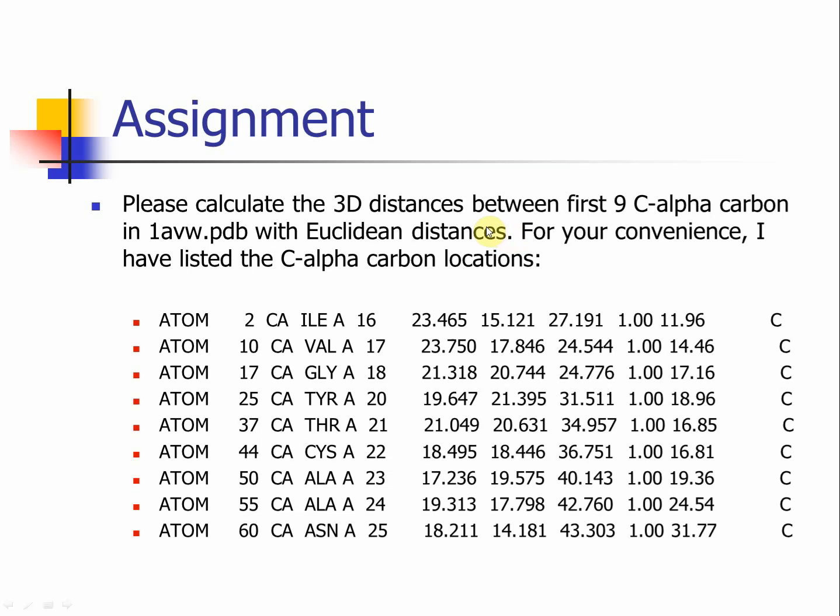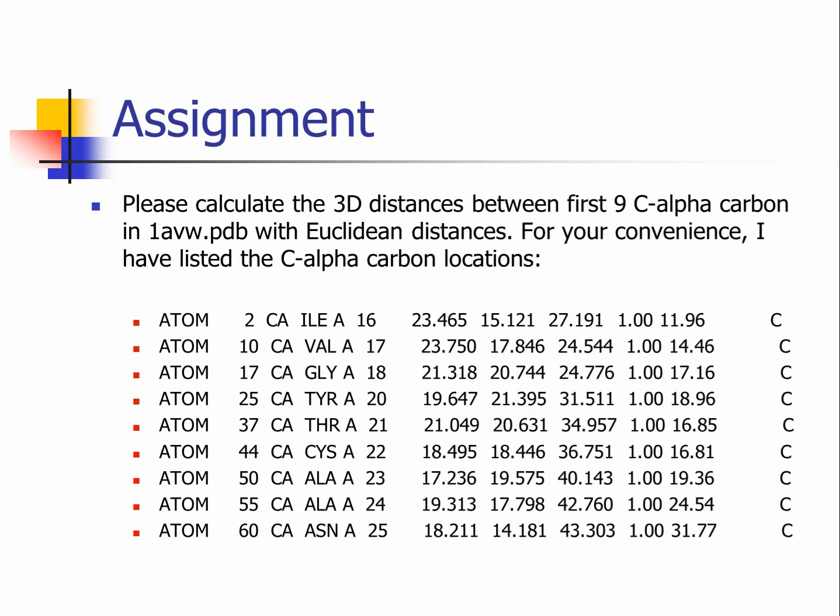Basically, you need to calculate those 36 distances based on the C-alpha carbons of the protein from the first location to the 9th location. It's kind of an interesting thing to see, so I really want you to open up the PDB file, take a look at it, and try to understand where the C-alpha carbons are located.